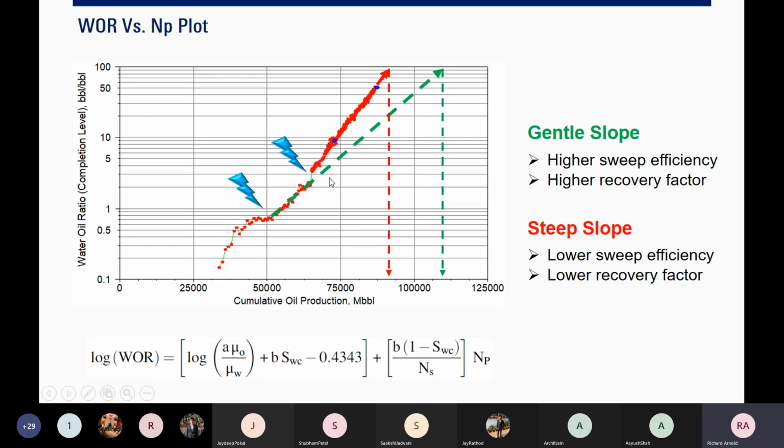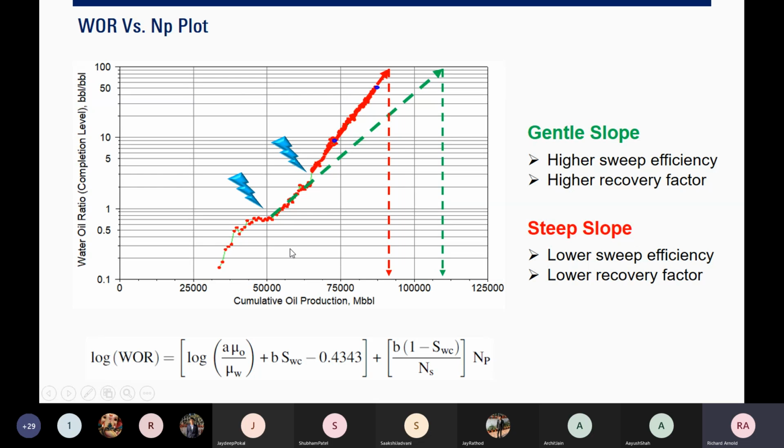Okay, but something happened here: inefficient operation, inefficient water flood, water breakthrough, or water recycling, and it will give you only around this number, below 100,000 barrels of oil. And the difference is huge. All right, so it means that water recycling and water breakthrough are really an enemy for water flood performance.